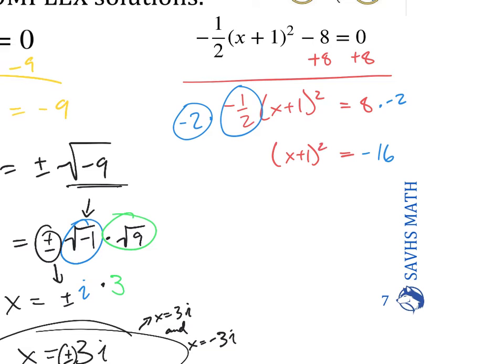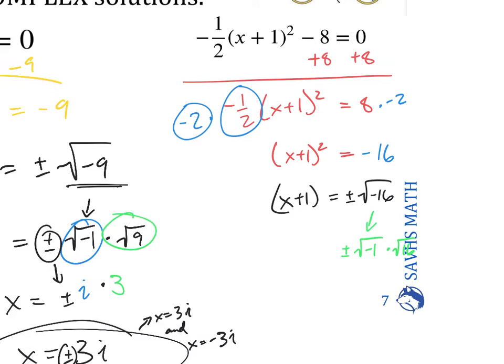Oh, I lost the square. Okay, now let's rewrite: x plus 1 equals plus or minus the square root of negative 16. And negative 16 is the square root of negative 1 times the square root of 16.